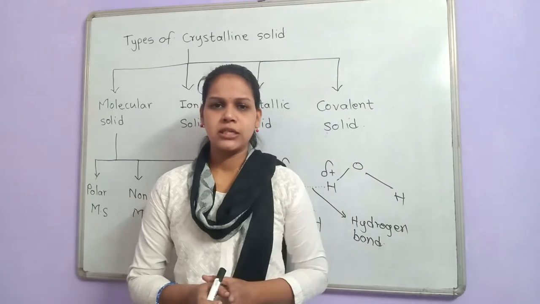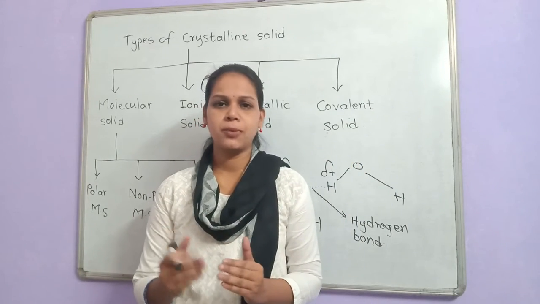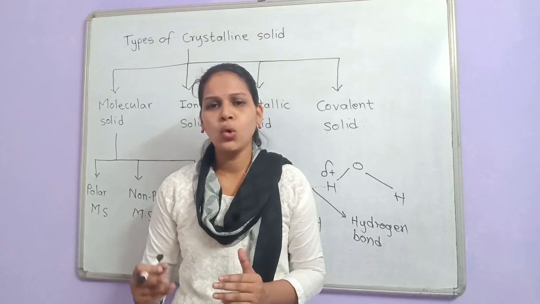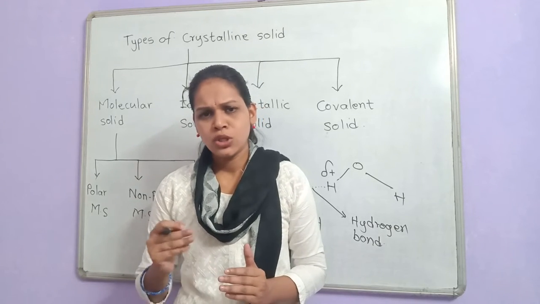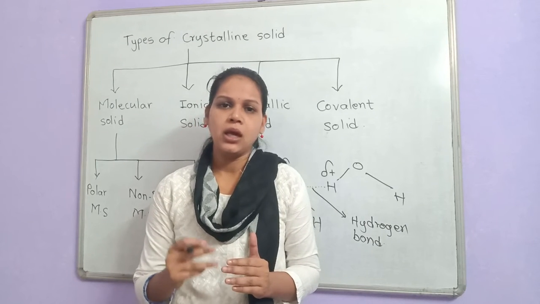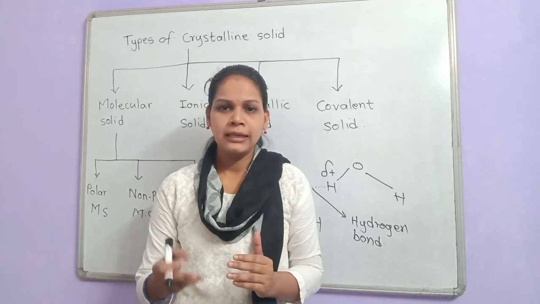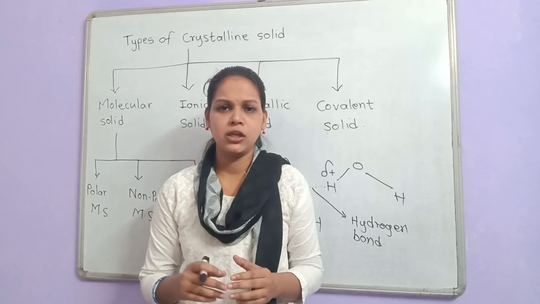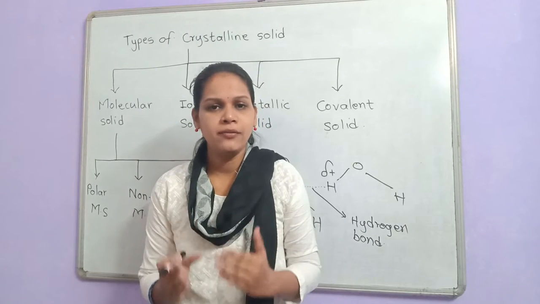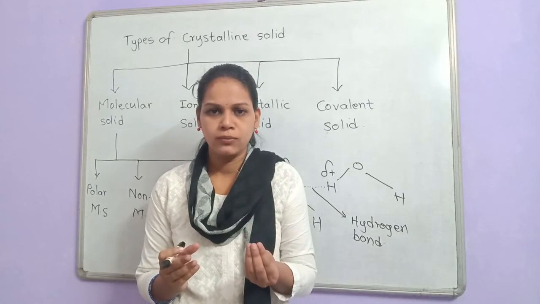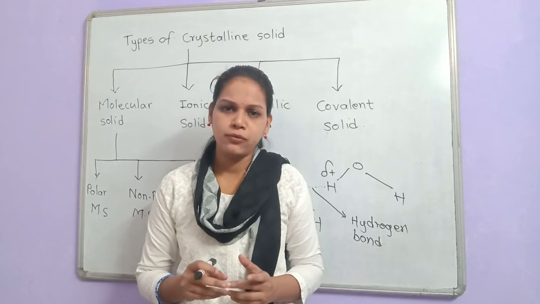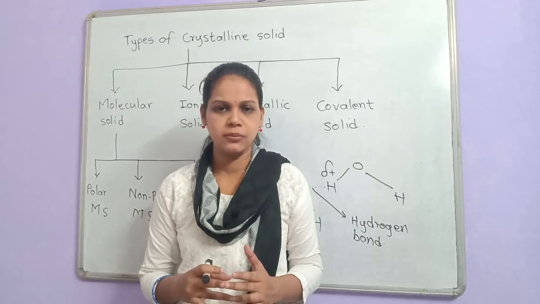In covalent solids, the bonding between constituent particles or constituent atoms is covalent. Now, generally covalent bonding is formed between atoms of elements of the same or similar electronegativity. When the electronegativity difference is small or zero, then a covalent solid will be formed between atoms of such elements.